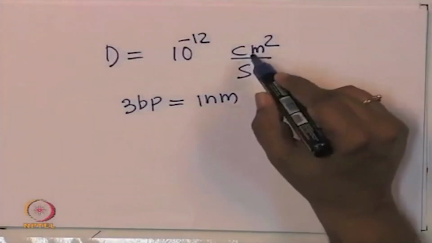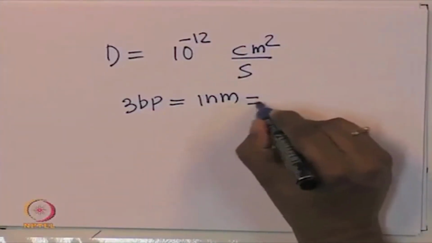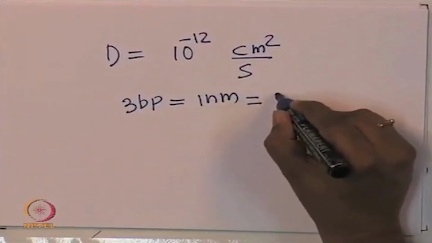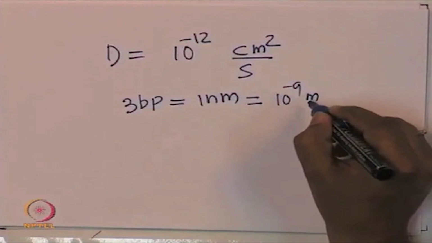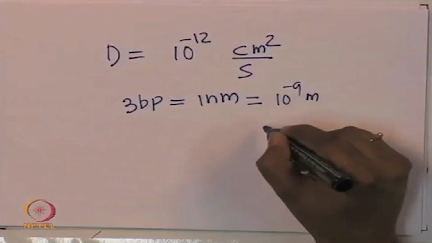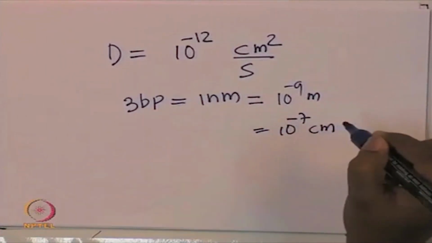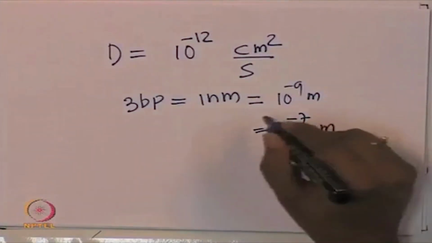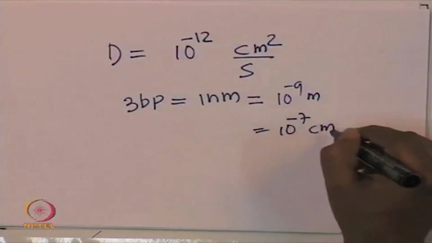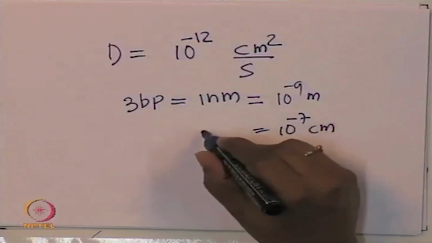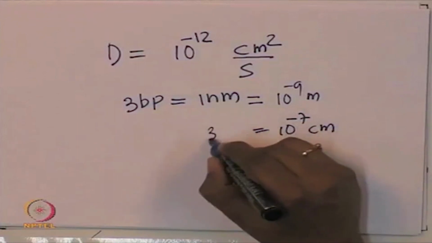Now, what does this imply? 1 nanometer means 10 power minus 9 meter, and 1 meter is 10 power 2 centimeter. So, 10 power minus 7 centimeter is basically 1 nanometer, or 3 base pair is basically 10 power minus 7 centimeter.